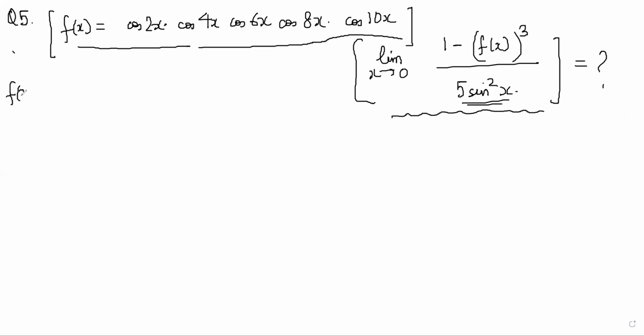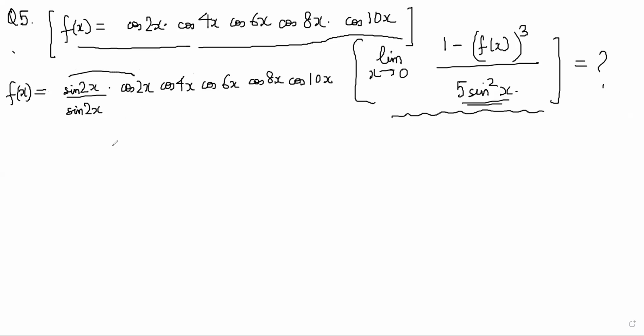See, you can easily simplify f(x) by multiplying up and down by sine 2x, no? Because you can use double angle formulas repeatedly. So this will become half sine 4x into cos 4x.